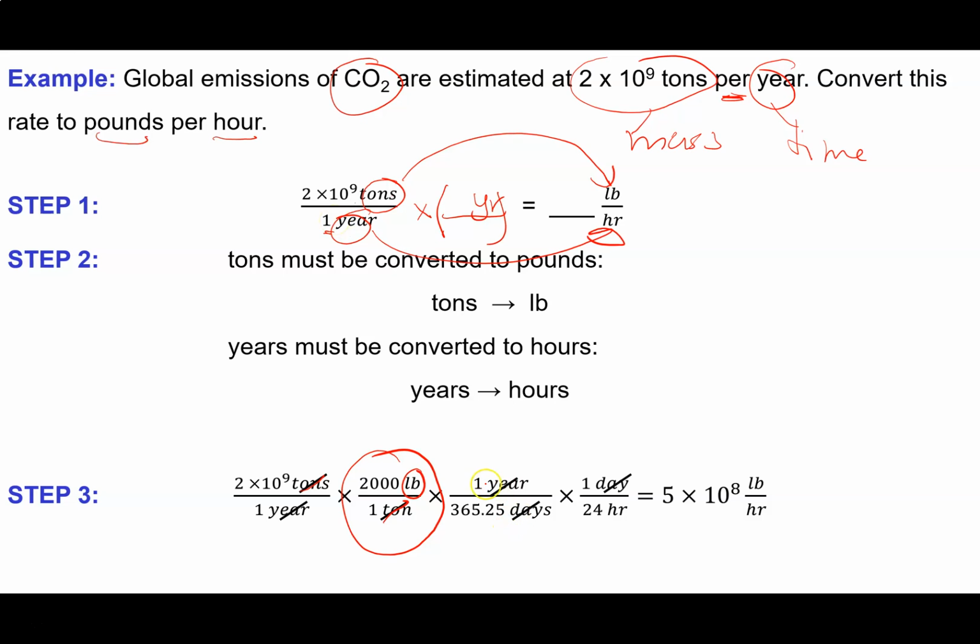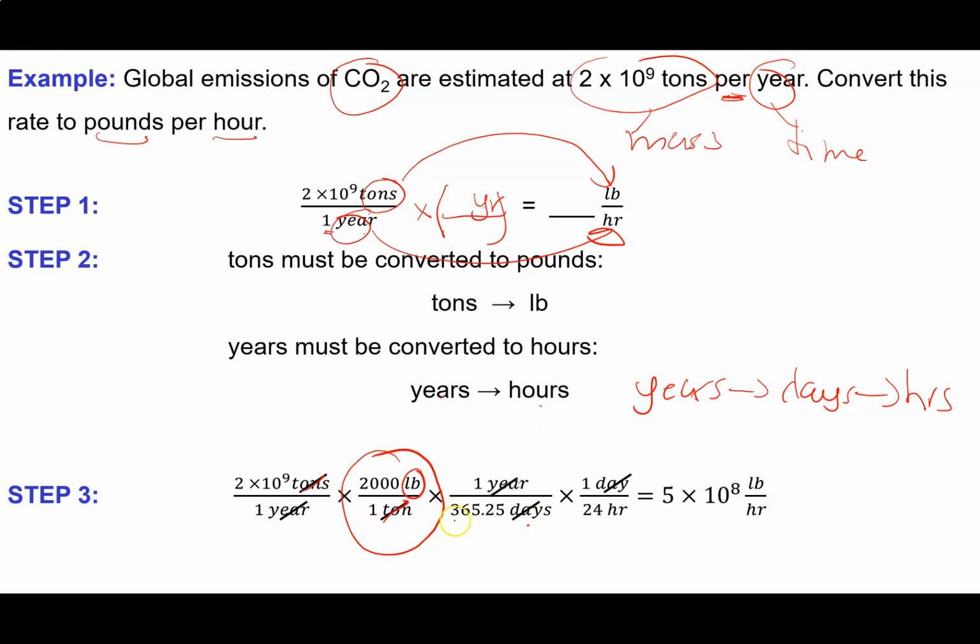So now I'm going to go from years to hours, but I'm going to do it in 2 steps. I'm going to go from years to days to hours. As I was saying, the years are on the bottom, so my conversion factor needs the years on the top. And I'm going to go from years into days.